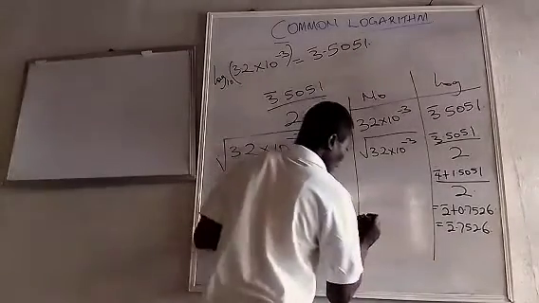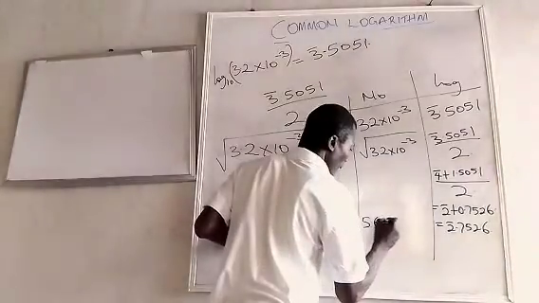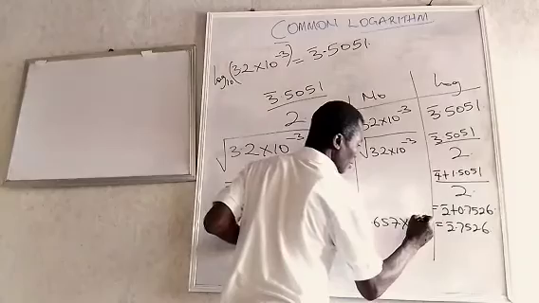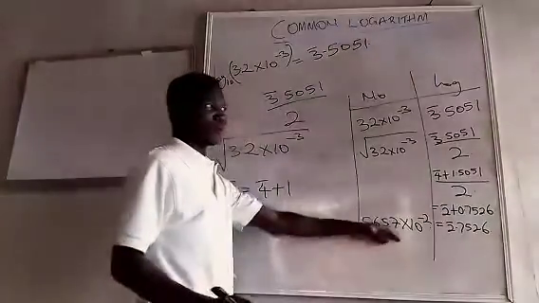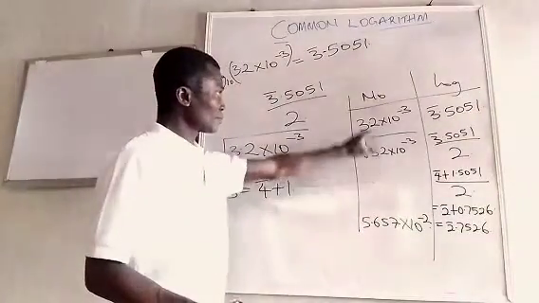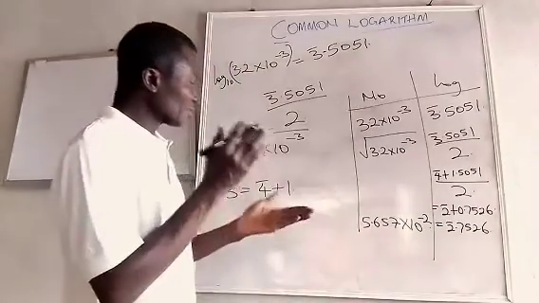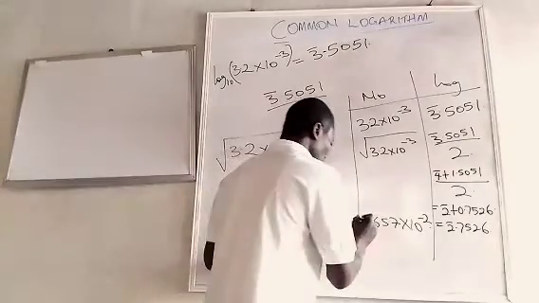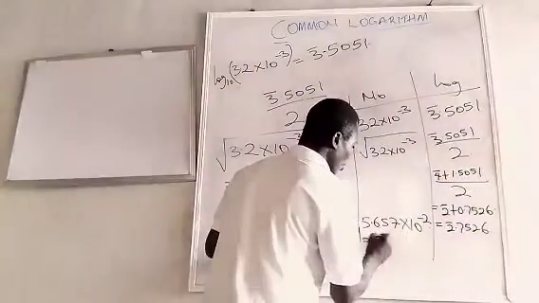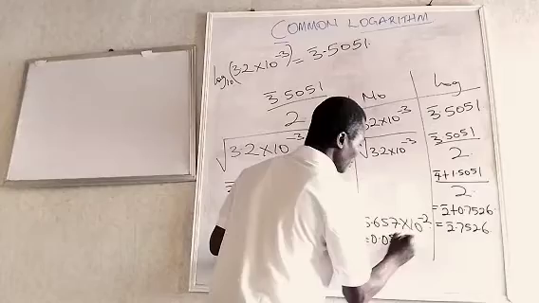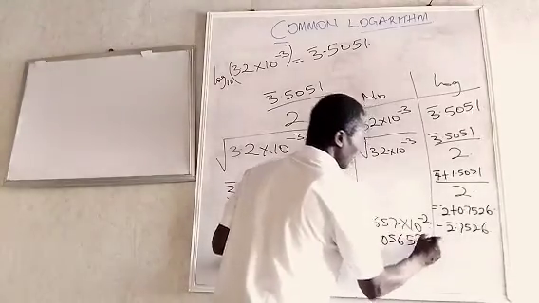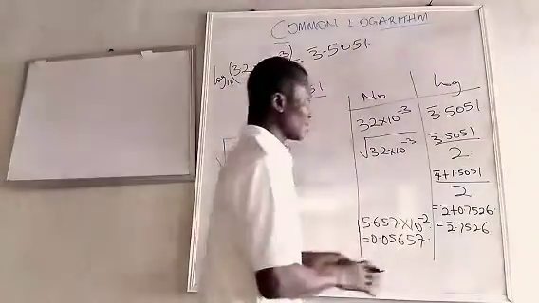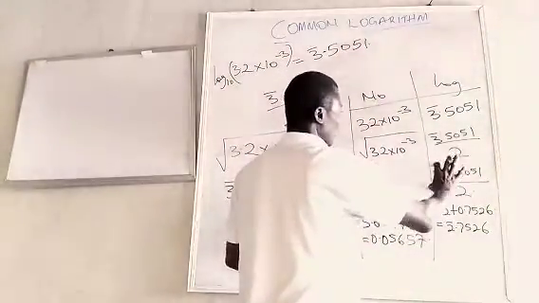This will now be 5.657 times 10 raised to the power minus 2, that's the answer for this now. Or you can say 0.05657.